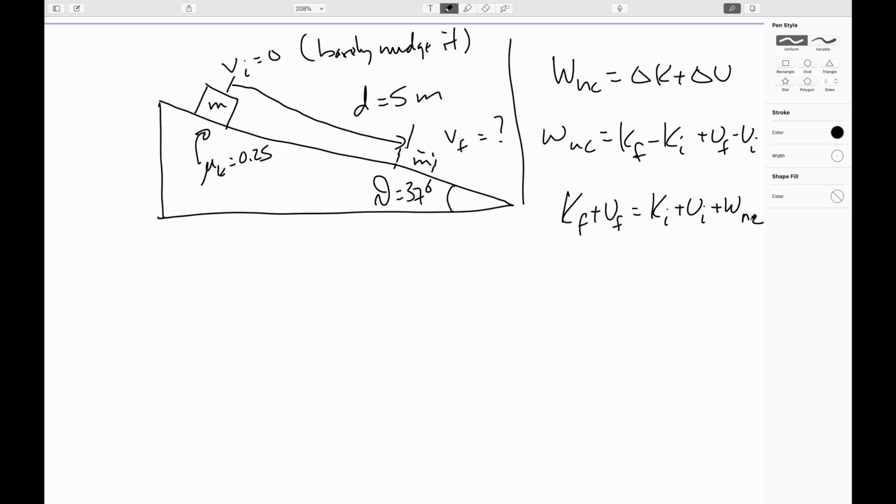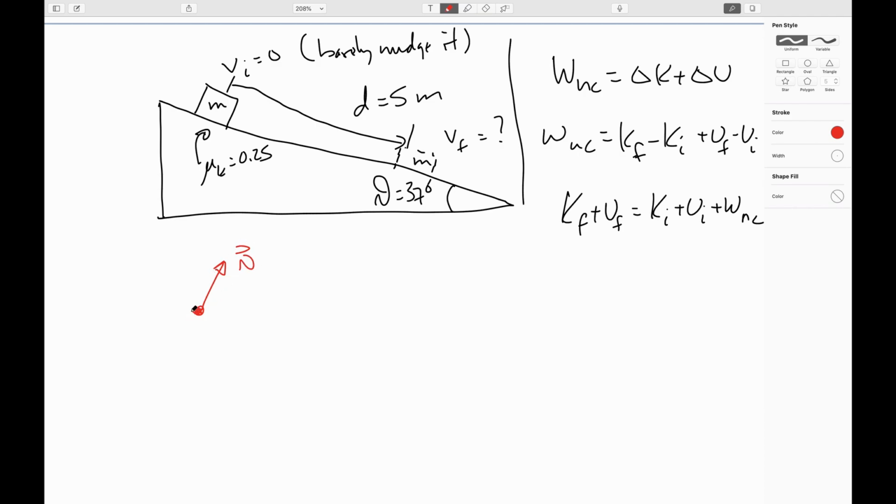Now, unfortunately, in this case, you can't completely escape Newton's laws of motion. The only way to calculate the work done by non-conservative forces is to calculate the force and multiply it by the displacement times the cosine of the angle between the force and the displacement. Unfortunately, there's just no sugarcoating around that. So let's go ahead and start by drawing a free body diagram for our mass.